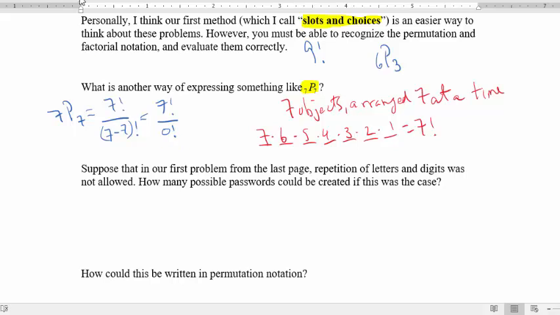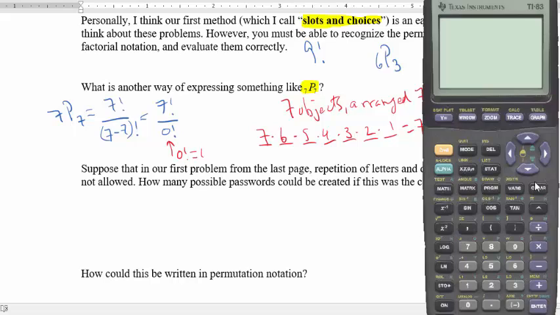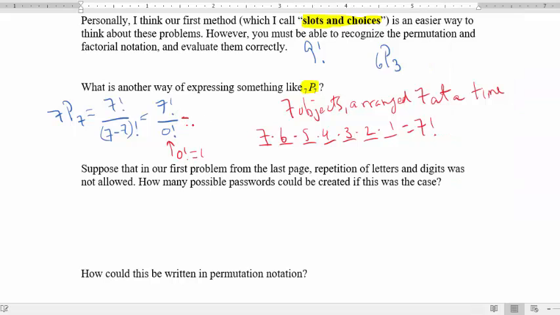But 0 factorial is actually equal to 1, and you can even verify that on the calculator. That's just one of those weird math things that you kind of have to accept, right? That 0 factorial is 1. So when I do 7 factorial divided by 0 factorial, it's really the same as 7 factorial. Okay, so 7p7 is really the same as 7 factorial.